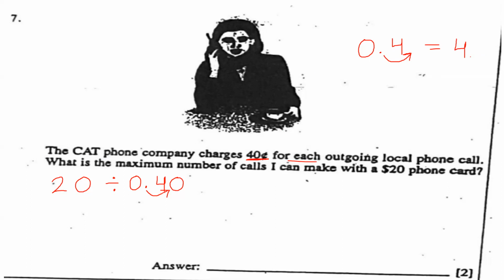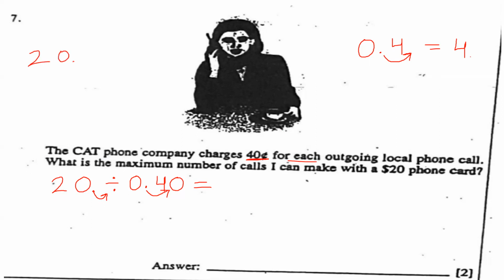So we're moving the decimal place one place over to the right. But whatever we do to this side, we have to do to the other side. We can't just do it once. So we have to move this over as well. So basically, 20 divided by 0.4 is the same as, because remember when we move this, let's move the decimal place of the 20 over.